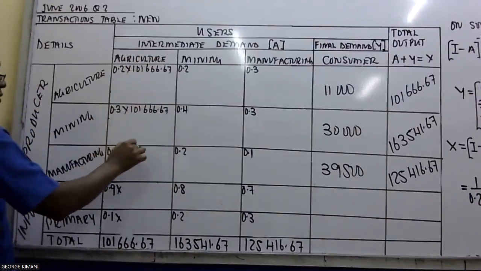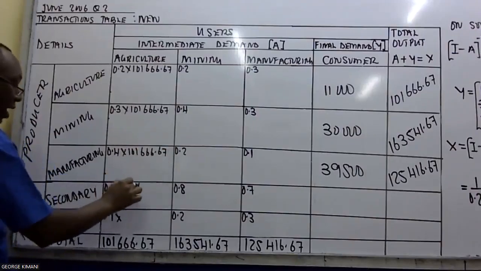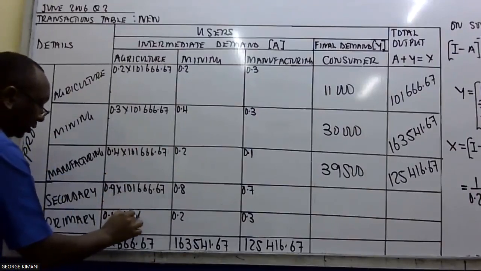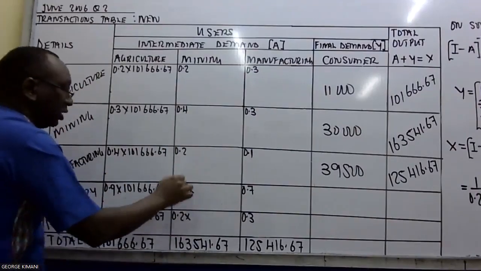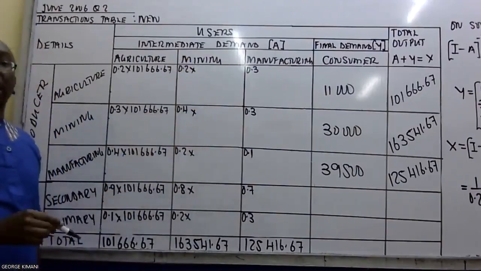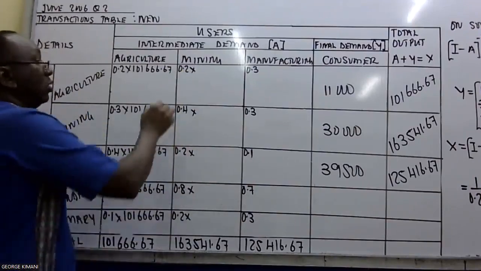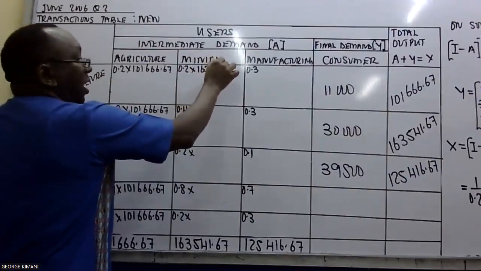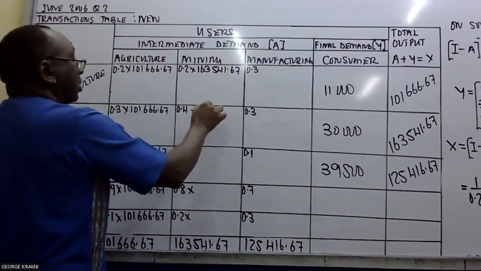And the same thing you do. I told you when you are in column 2, you will use the total of row 2, which is 163,541.67. Have you understood that concept?